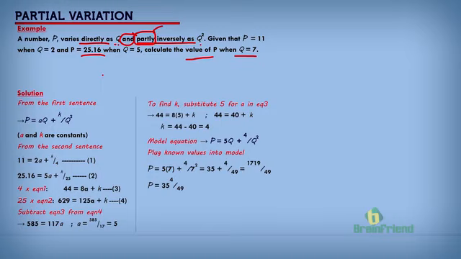Okay? To write this out, you say P varies directly as Q. P varies directly as Q, A is a constant. And partly inversely, so partly means you have an inverse relationship, Q squared.